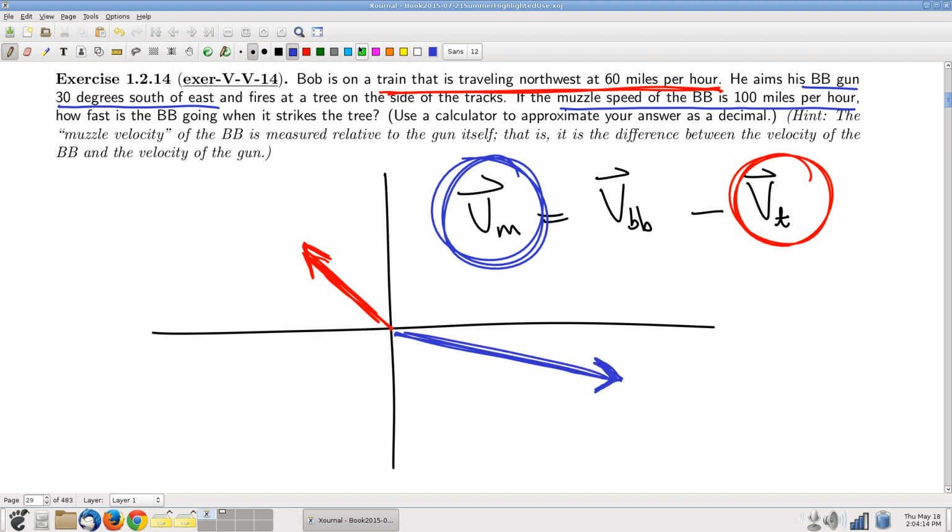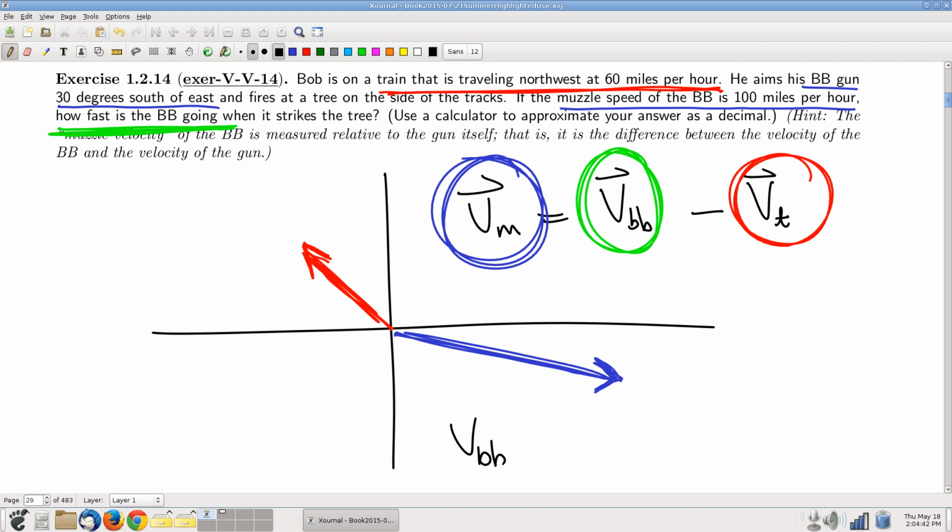And we're being asked to find the velocity of the BB. Well, we're actually asked, how fast is the BB going when it hits the tree? So we're going to compute the velocity, but technically all we really need to know is the speed, right? But it turns out to be much easier to compute the velocity because you can see it right there in the equation.